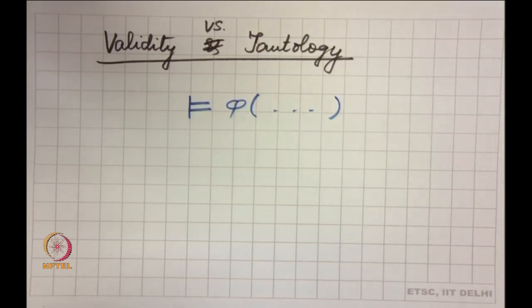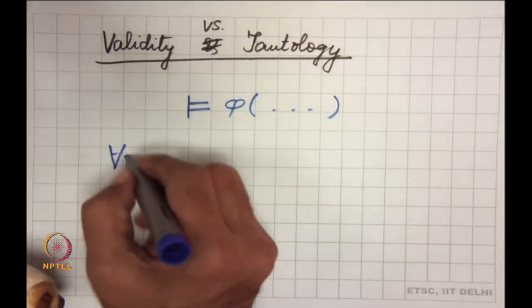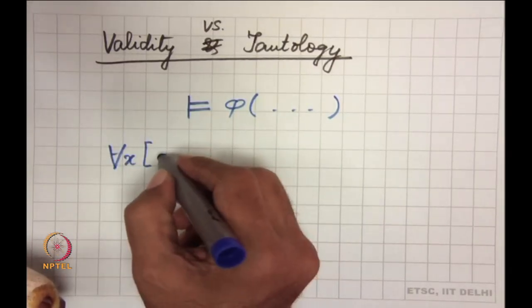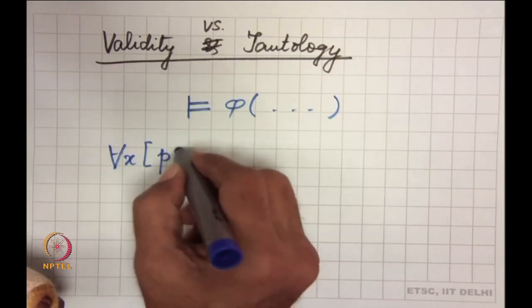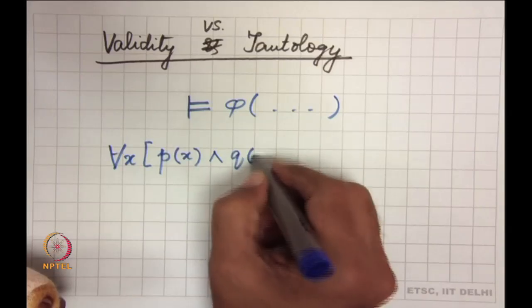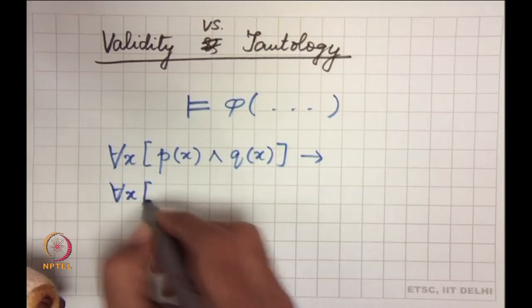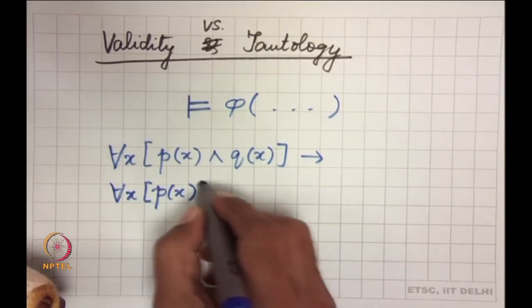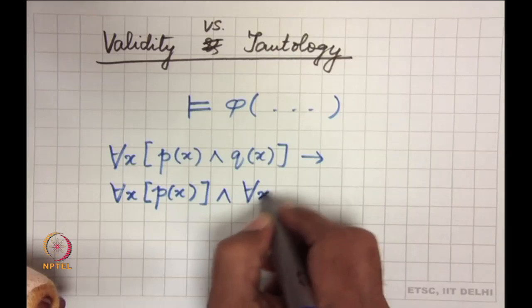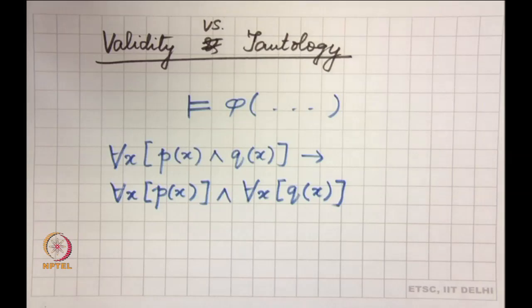So there are formulas like for all x p of x and q of x implies for all x p of x and for all x q of x. So, if you were to take a formula like this, right, this formula is clearly valid.